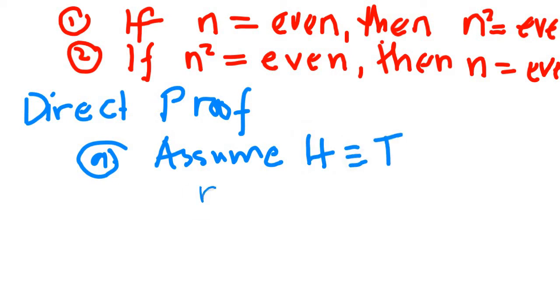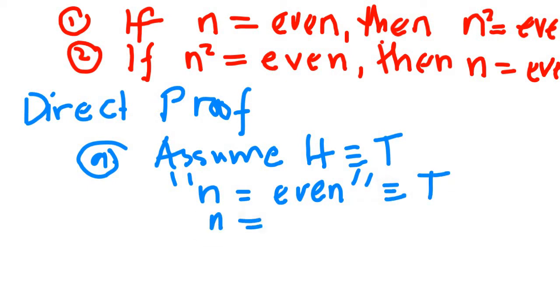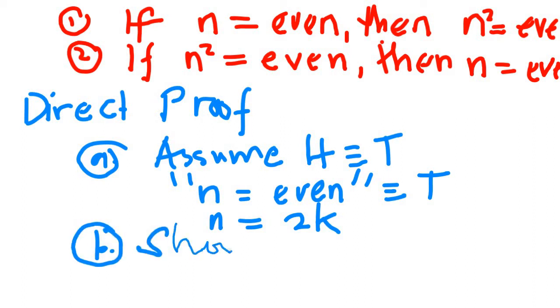So that means n is even, and this will be true. So n is equal to twice k. Secondly, we could show that the conclusion is also true.